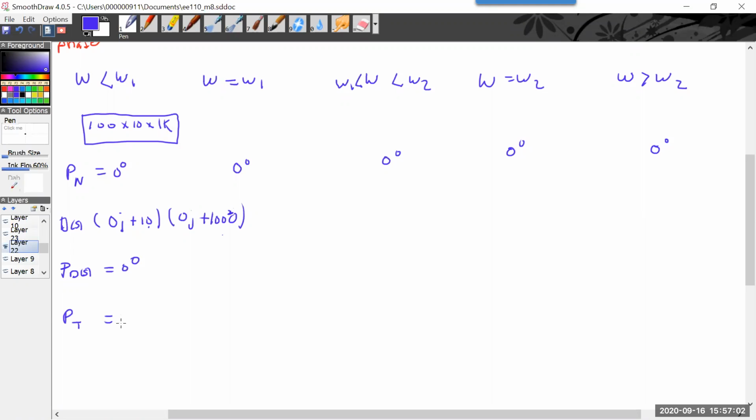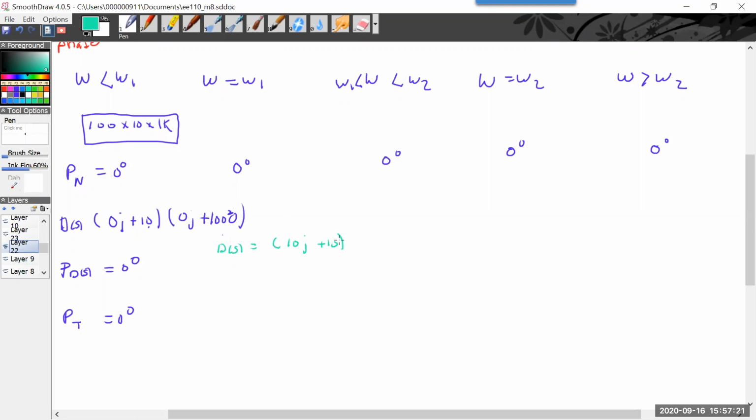All right. Just slightly change colors here. When omega is equal to omega naught, right, we have 10J plus 10, right?